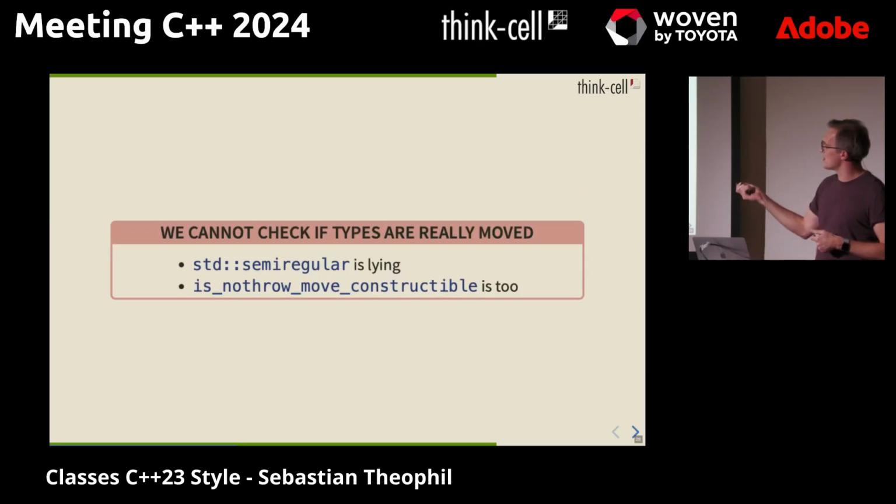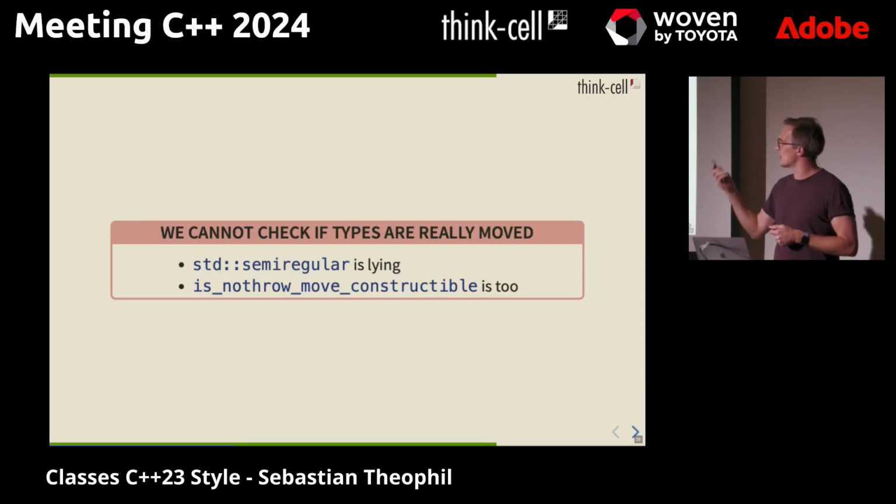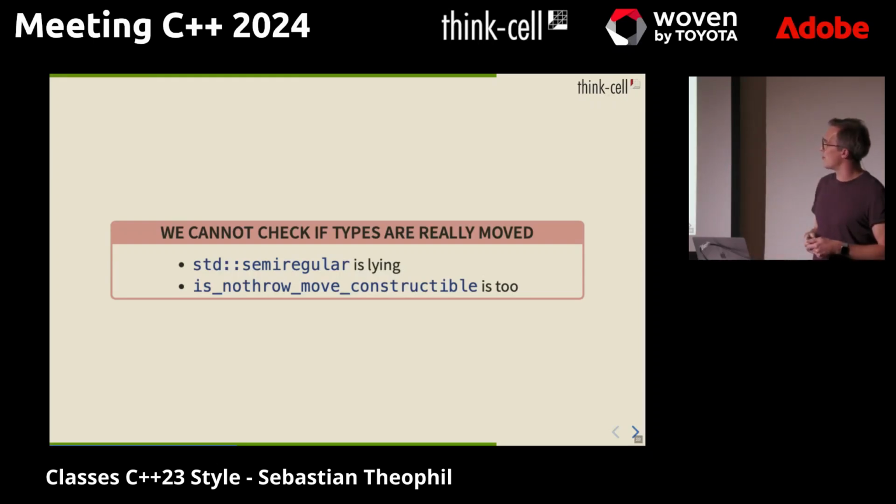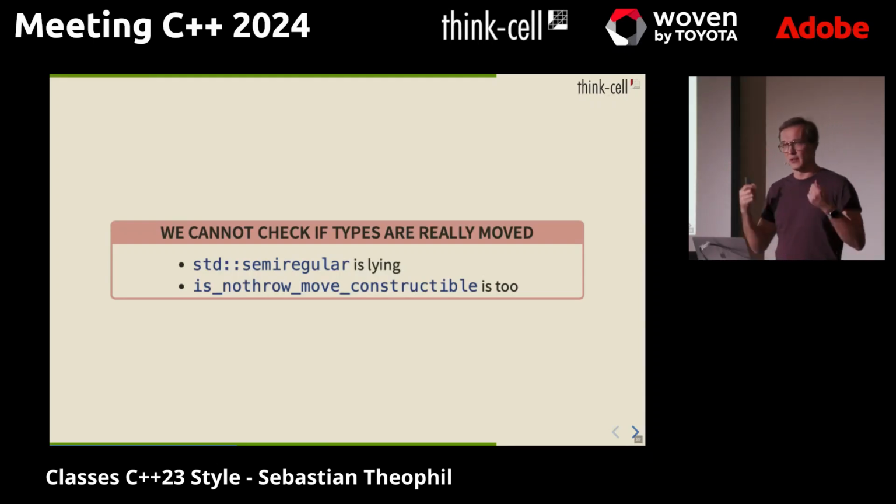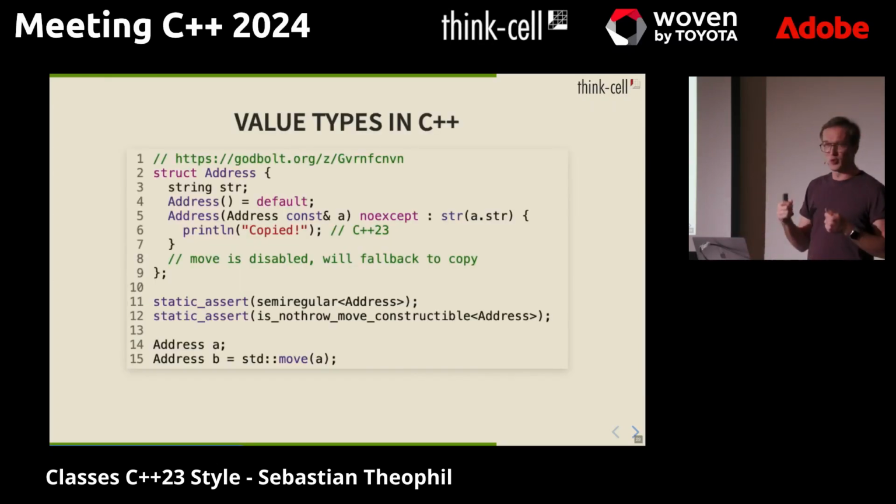Now, while we're at this subject, one warning. We cannot actually check using concepts or static asserts if types are actually really moved. So the std semiregular concept says a type is semiregular if it is movable. But C++ is super backwards compatible.